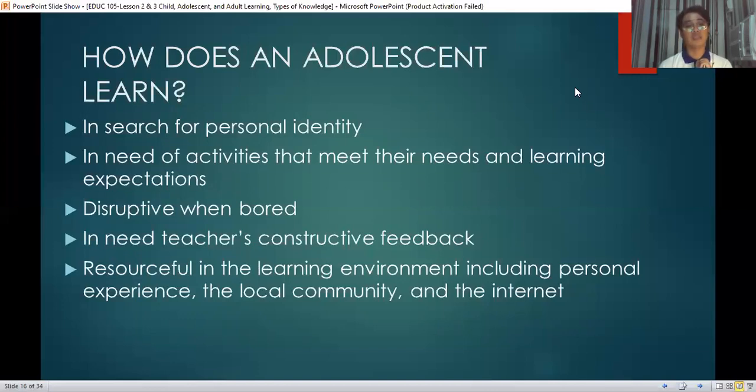Okay, next, they are disruptive when bored. So you would notice in class that if they are bored, if they lost their interest, they are doing things that are sometimes not acceptable, sometimes not pleasing to the eyes of the teacher. So take this as a signal for you to recalibrate or think of another strategy to get the attention of the learner.